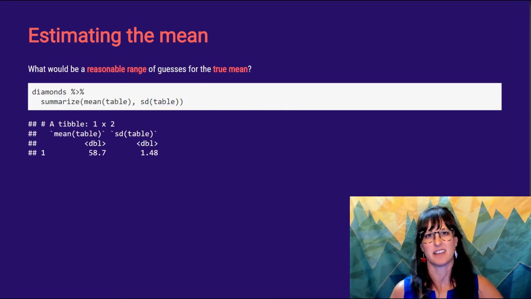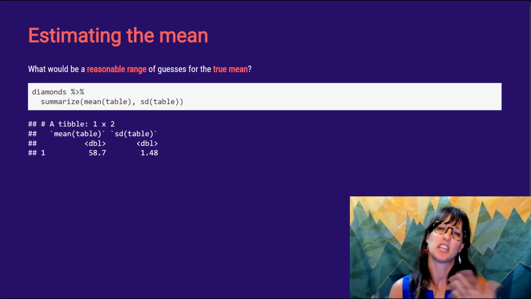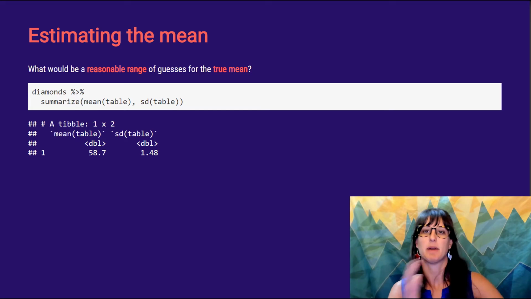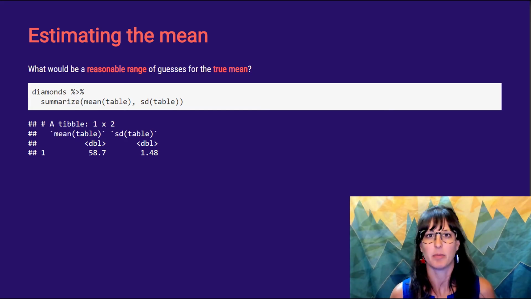So what we want to ask ourselves is, how would I find a reasonable range of guesses? I can't really know exactly what the true mean is, but I have this data, I have this sample, and I would like to use it to come up with some reasonable guesses about approximately what the true mean probably is.